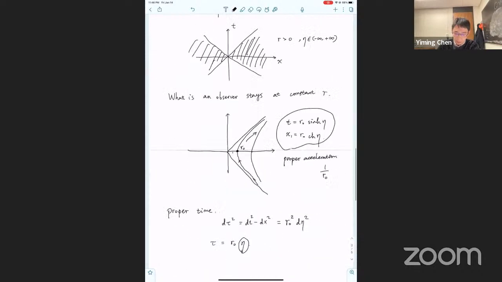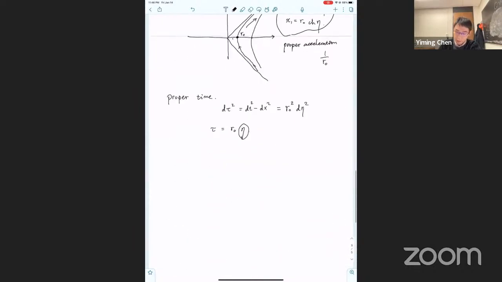But if the observer is accelerating with acceleration 1 over r, his or her proper time is not exactly eta, but up to a constant r naught. So the temperature, as measured by this accelerating observer, should be 1 over 2 pi r naught, because it should be measured with respect to his proper time.